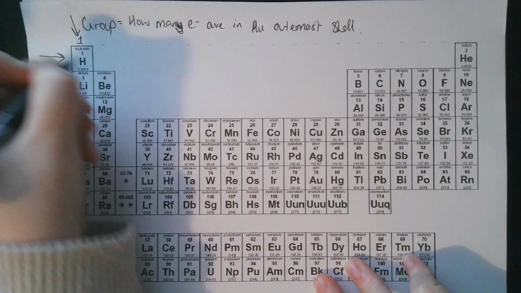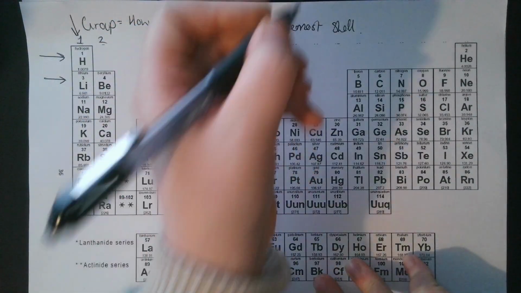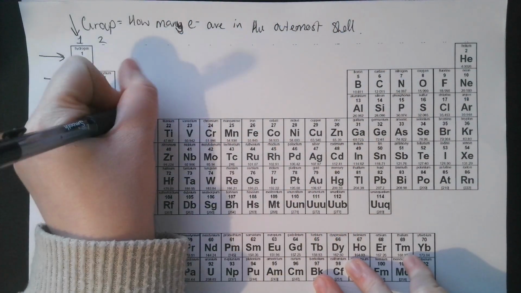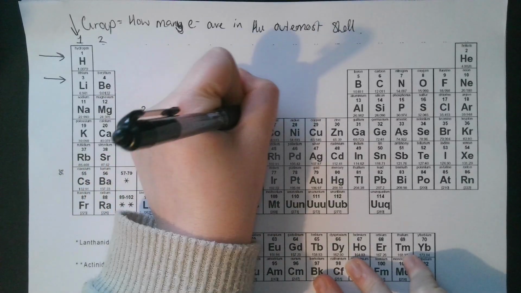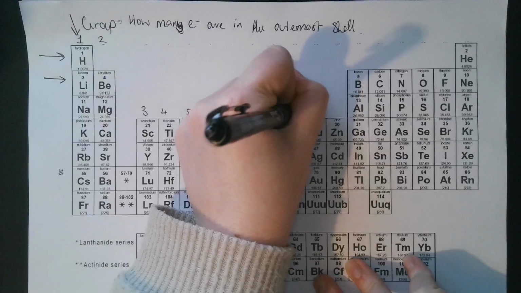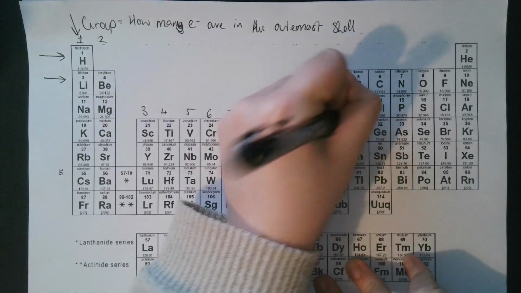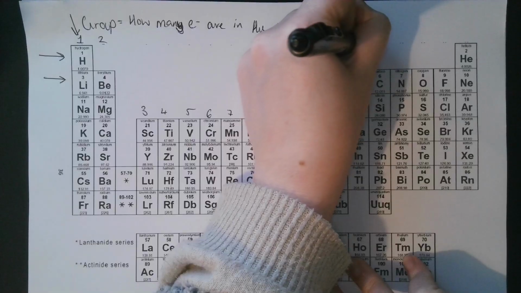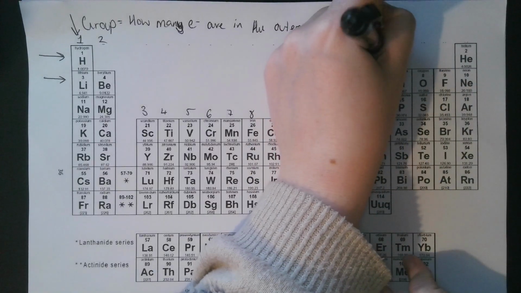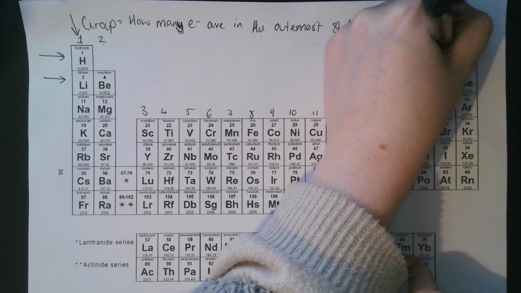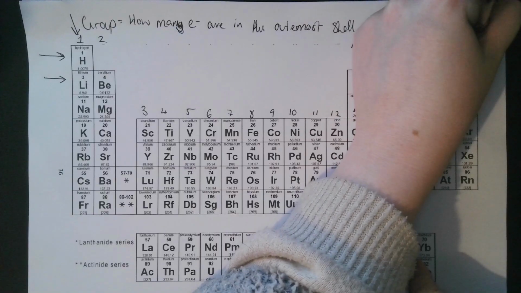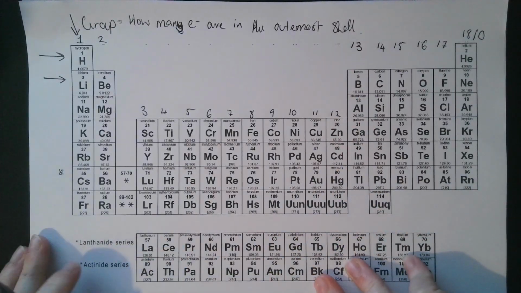These are numbered. So we have group 1, group 2, then we've got 3, 4, 5, 6, 7, 8, 9, 10, 11, 12, 13, 14, 15, 16, 17, and then 18, or it can also be called 0.